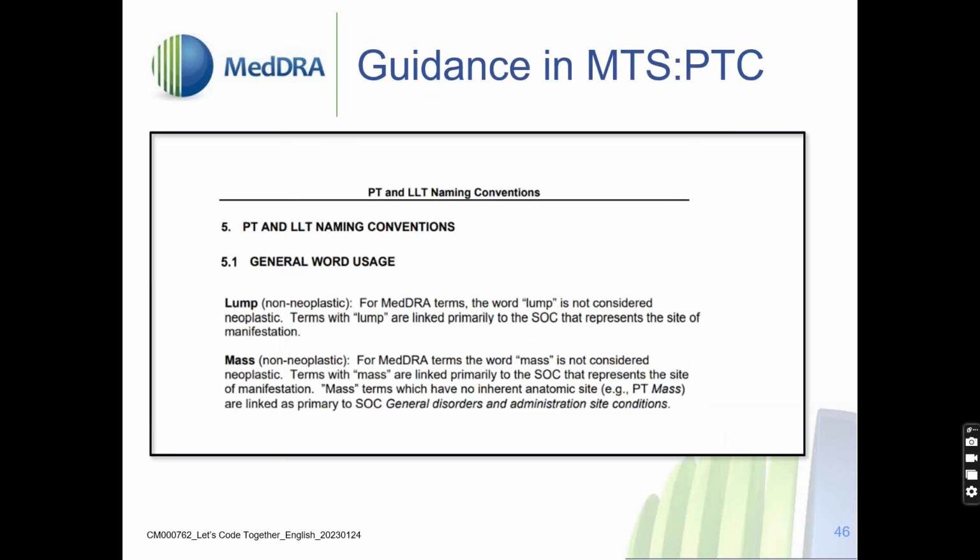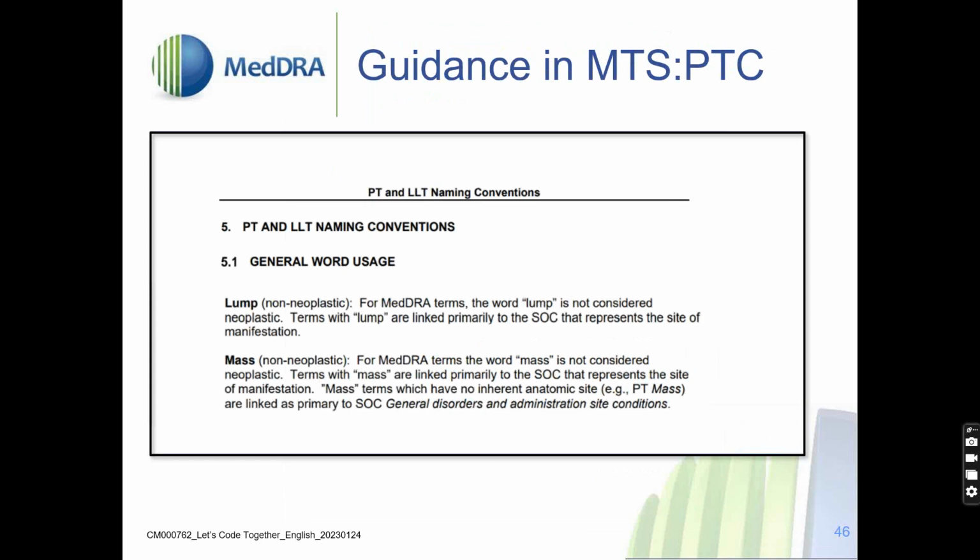So looking in the PT and LLT naming convention section of the introductory guide, it tells me that in MedDRA terms the word lump is not considered neoplastic. Terms with lump are linked primarily to the SOC that represents them. So in other words, they won't be in the neoplasms, benign, malignant, and unspecified SOC.